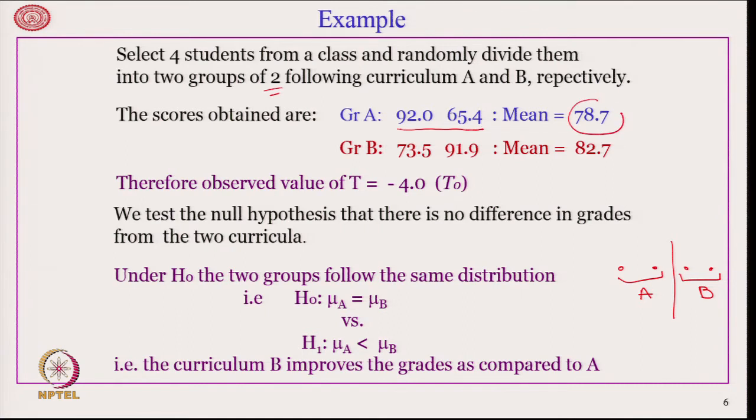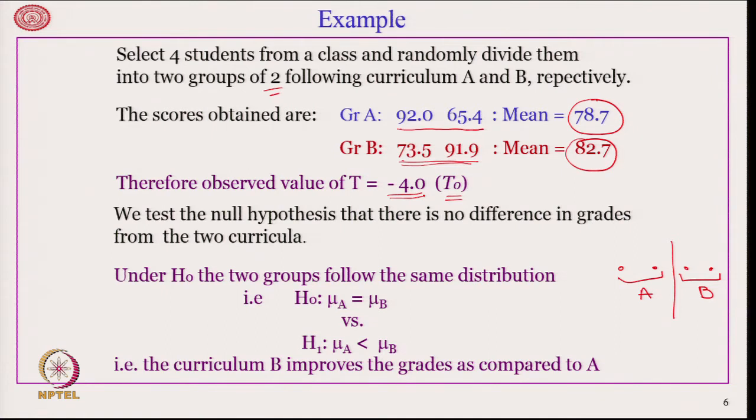Now, the average that we got is for group A, since individual scores are 92 and 65.4, the average coming out to be 78.7. On the other hand, the group B students, they have scored 73.5 and 91.9, and their mean has come out to be 82.7. Therefore, the observed value of t, which we are calling say t naught, is coming out to be the difference mu a minus mu b, which is coming out to be minus 4.0.